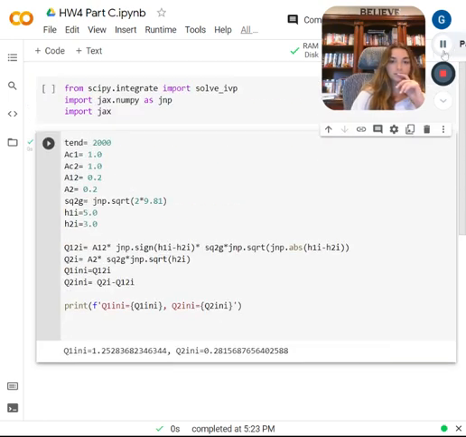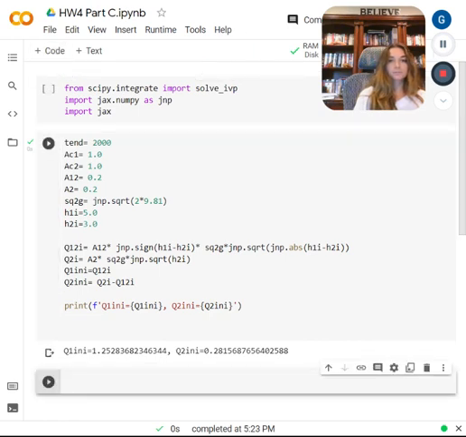So that looks good. Okay, so now we want to create a function defining the right-hand side of our equation. So we're going to do the derivative of our heights with respect to time.